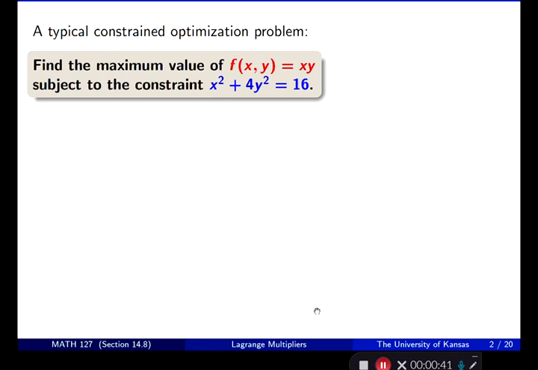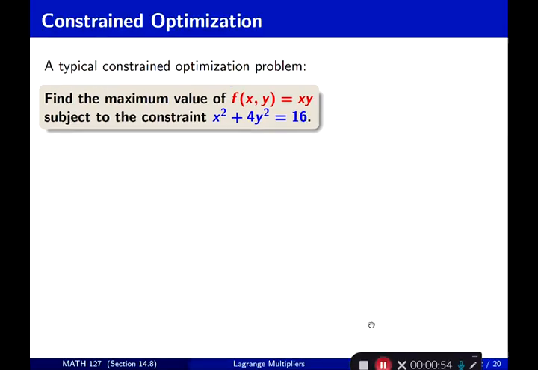So let's talk about a typical constrained optimization problem. Find the maximum value of f of x and y equal to x times y, subject to the constraint x squared plus 4y squared equal to 16.